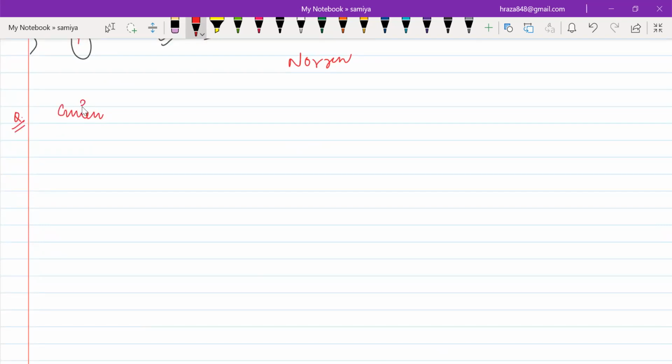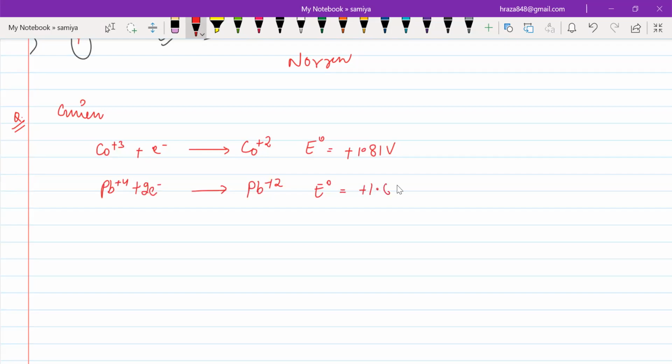It is given that Co3+ takes 1 electron and converts into Co2+, which has E° value of +1.81 volt. Again, Pb4+ gains 2 electrons and converts into Pb2+, which has E° value equal to +1.67 volt.